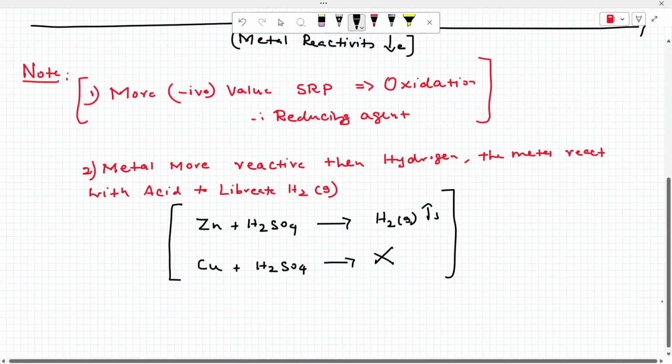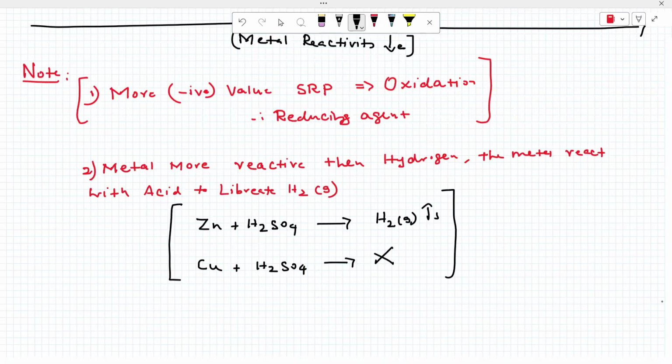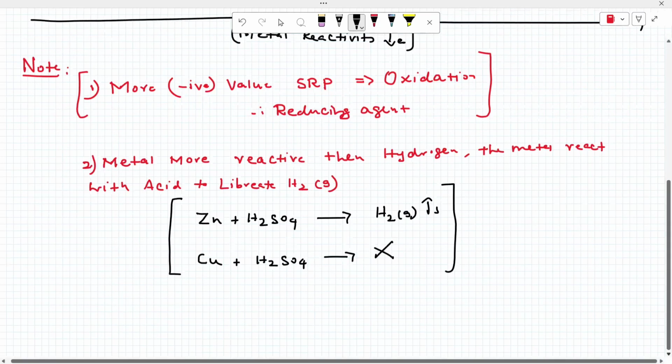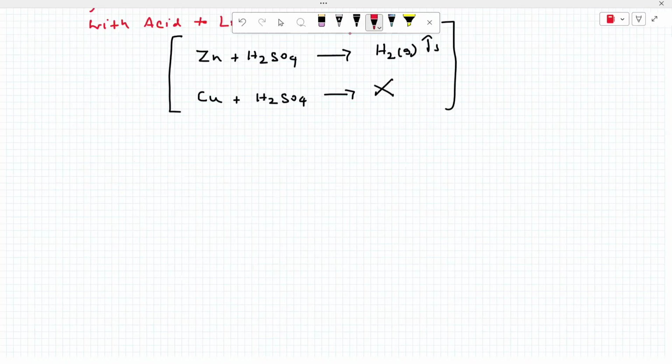Whichever metals have more negative SRP, when they react with acid, they give H2 gas. That one basic point you studied in 8th, 9th standard: the more reactive metal displaces the less reactive metal.